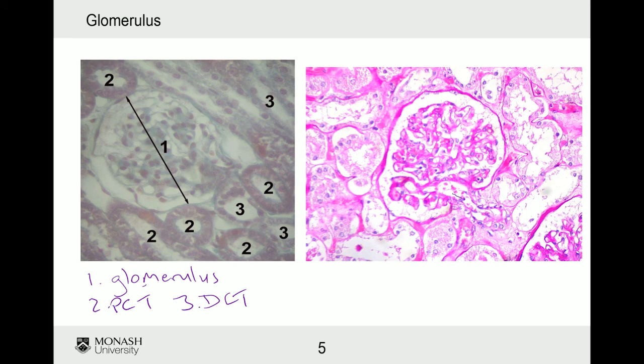Also on here you can see the 2 arterioles going into the glomerulus and vessels surrounding it. This is the Bowman's space, and around that is the Bowman's capsule.